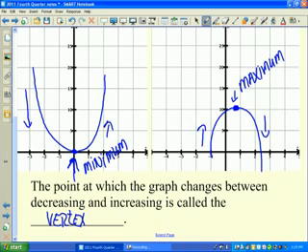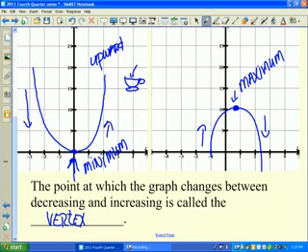The graph that has the minimum looks like a cup. If I was looking at a little teacup with a little saucer, you're holding that cup upward in order for information to be poured in. So I would describe this graph as opening upward.